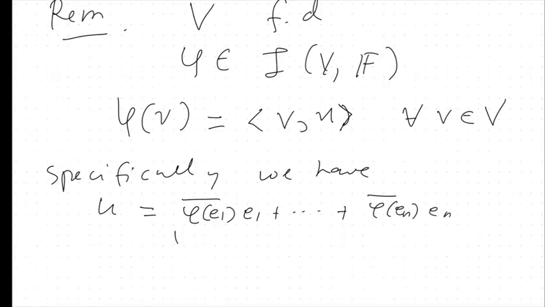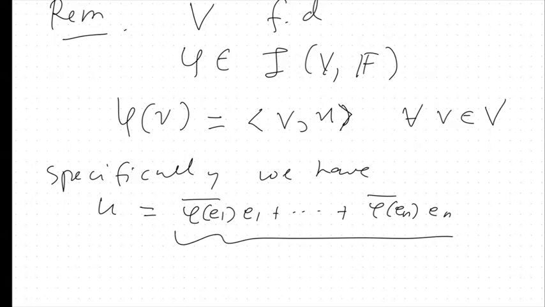So here, this right-hand side seems to depend on the orthonormal basis e1 to en as well as on the linear functional. However, 6.42 tells us that u is uniquely determined by our linear functional phi. Thus, the right-hand side of the equation above is the same regardless of which orthonormal basis of V is chosen.